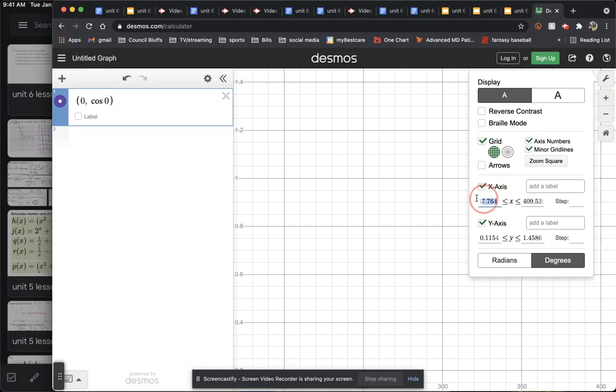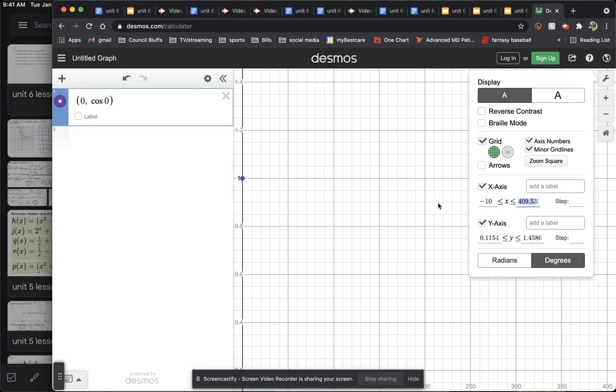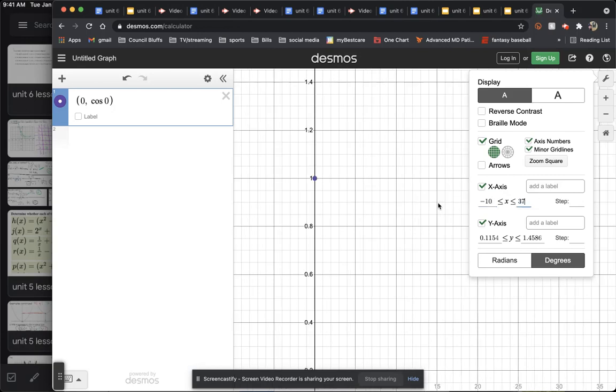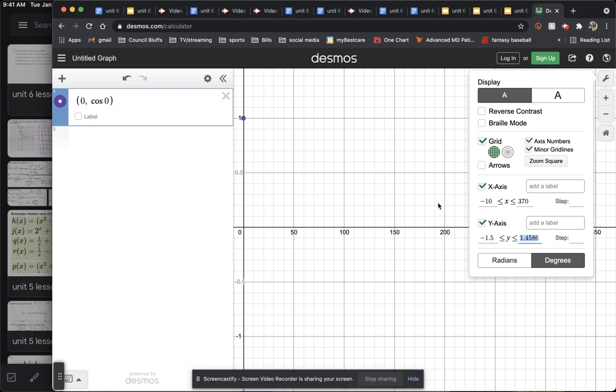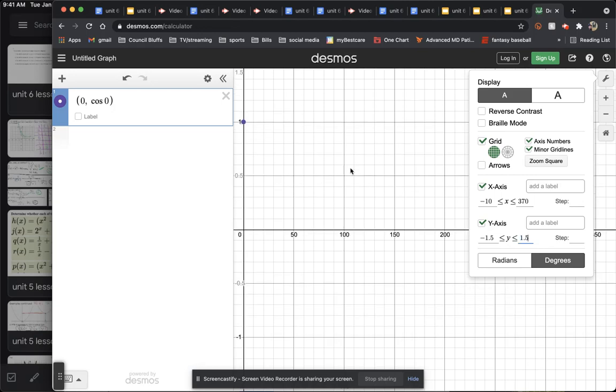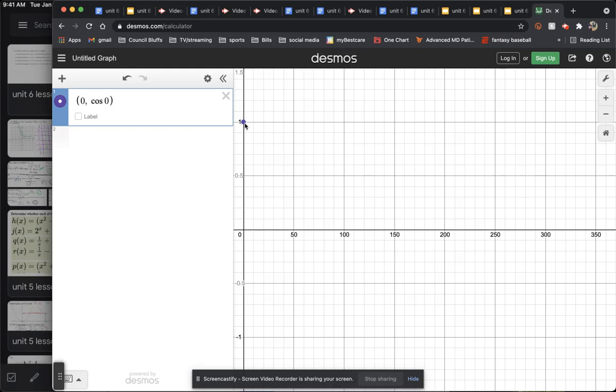What I'm going to do actually is change this so that it goes a little bit past the 0 to 360, just to make it a little bit easier to see. So I'm going to make this like -1.5, +1.5. And notice, I have a point up here.